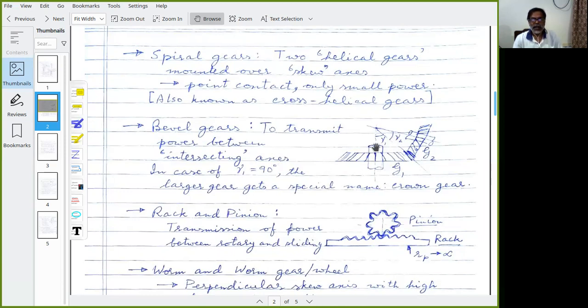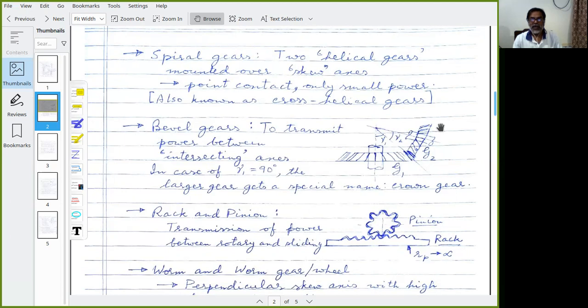In particular, if gamma 1, the semi-vertical angle of one of them, typically the larger one, is a right angle, then this tooth at the end would turn out to be at right angle to that.